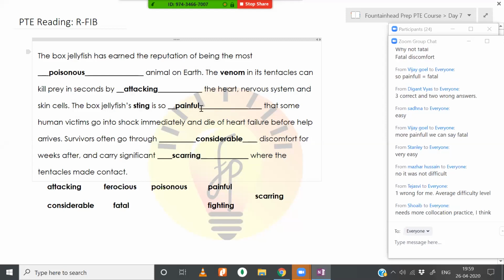If you are only making such very close, tricky mistakes, then you have a very high chance of scoring 79 plus. If you have made more than three mistakes, then you definitely need to improve your vocabulary.